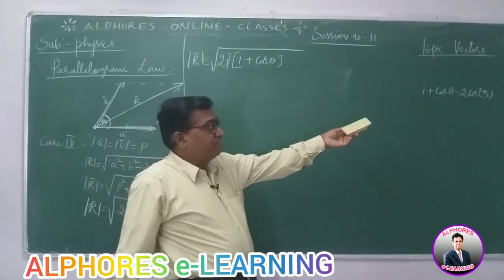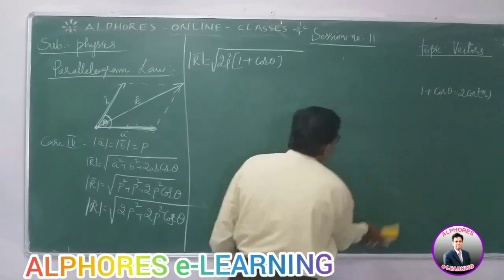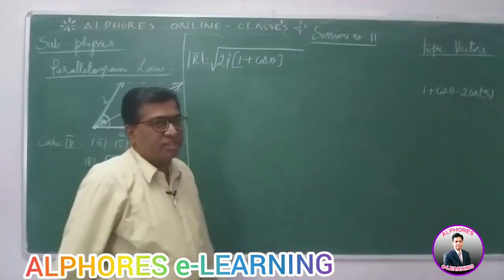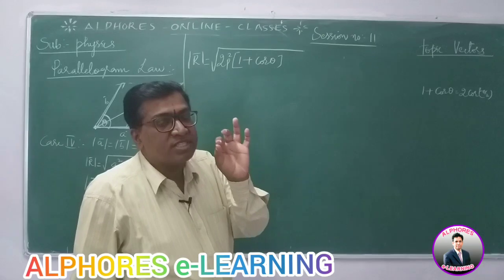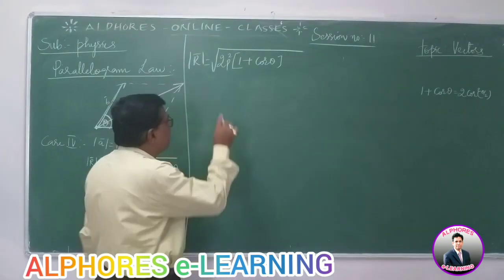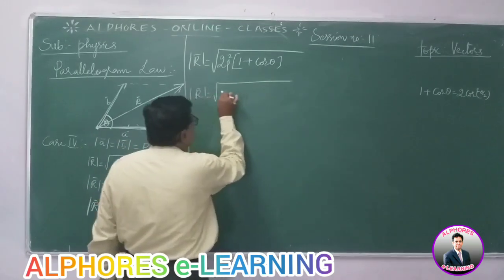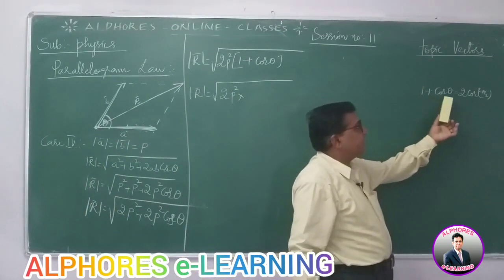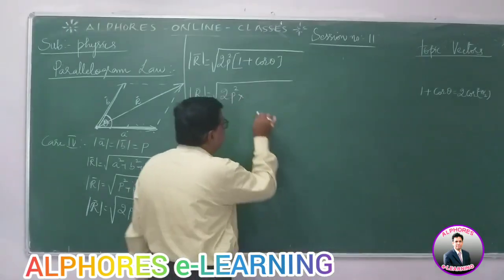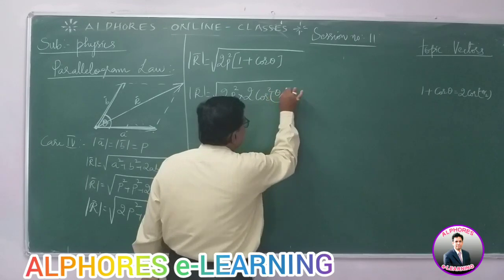That is the reason why I had initially taken the identity. According to trigonometry, the identity says 1 plus cos theta is 2 cos square theta by 2. So let me substitute here. The magnitude of the resultant is under root of 2p square times 1 plus cos theta, which I write as 2 cos square theta by 2.